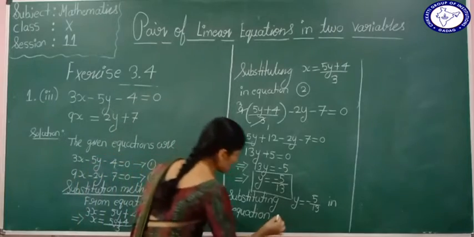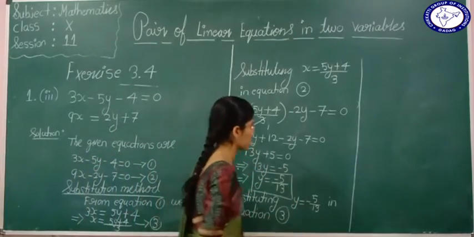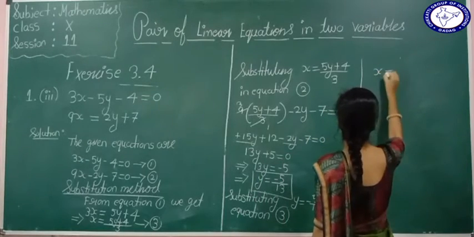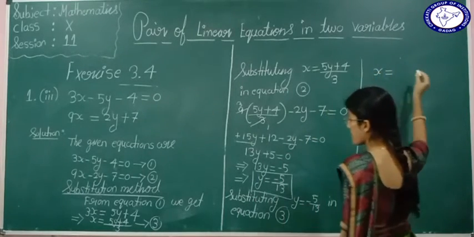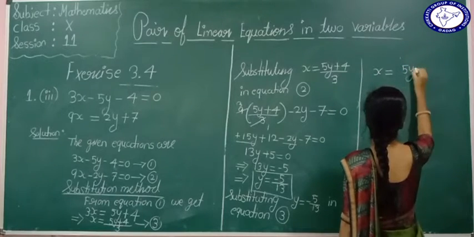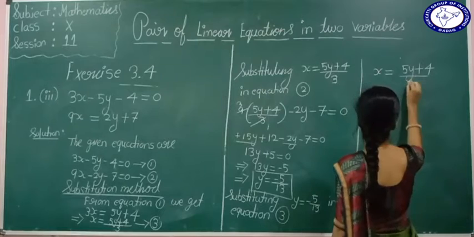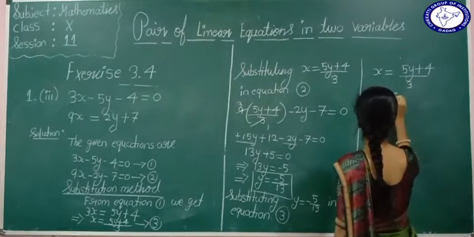What is that equation 3? That is x is equal to (5y plus 4) divided by 3.